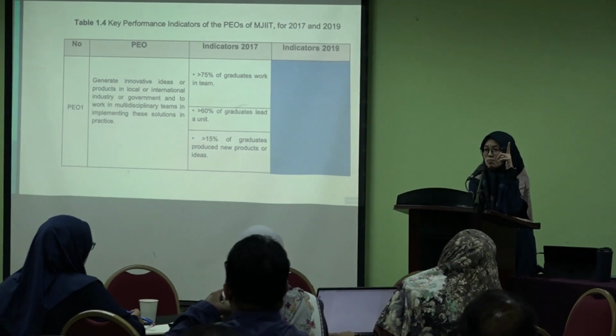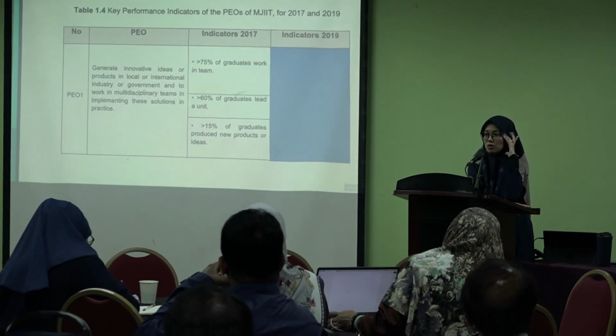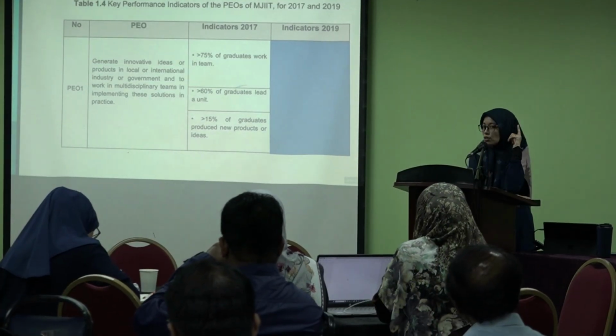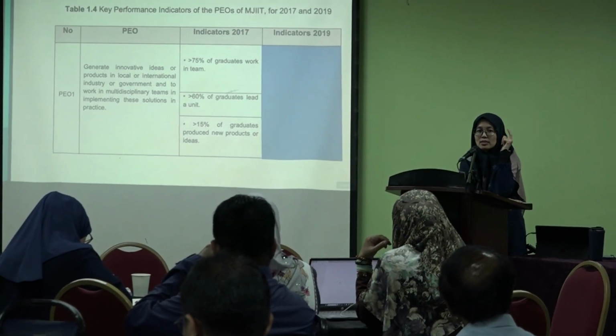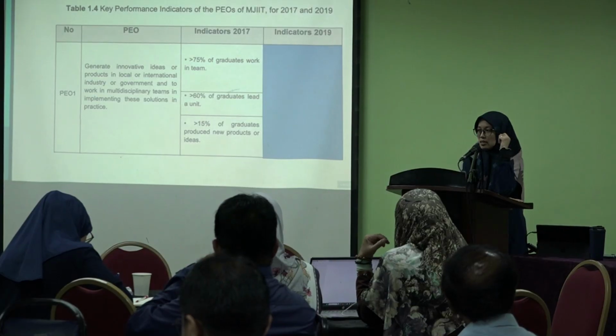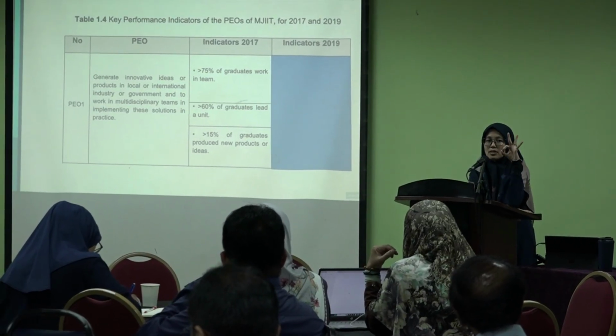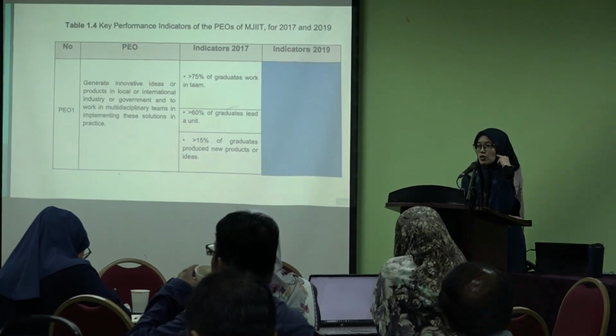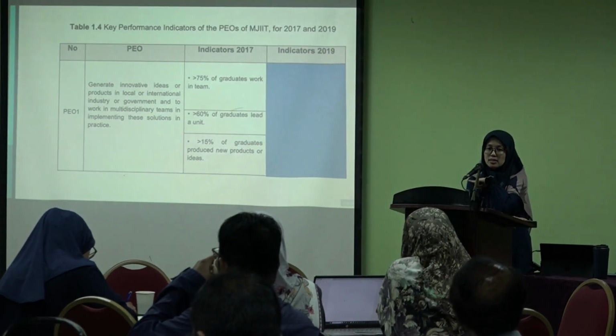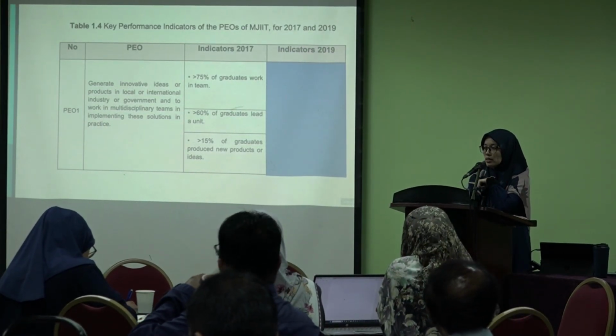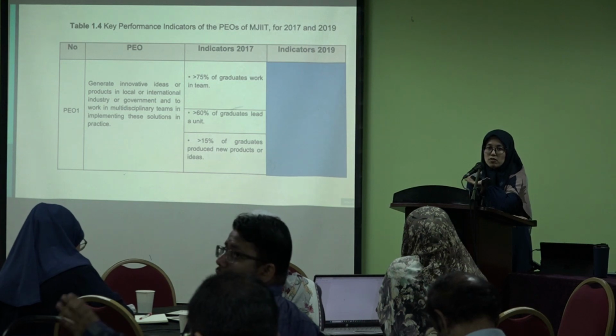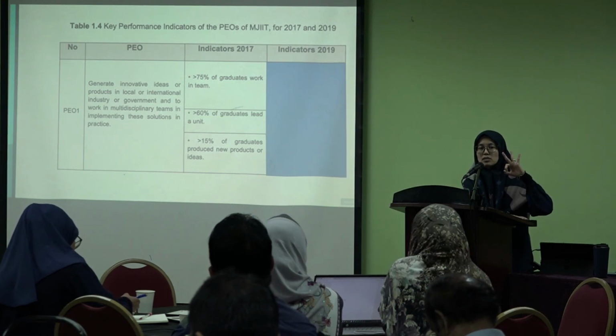So this is the first point I want everybody to take note of. Not necessarily one PEO, one performance indicator. As Dr. Adina mentioned, there are 3 items there. So for MJIIT, for PEO1, they have 3 performance indicators.